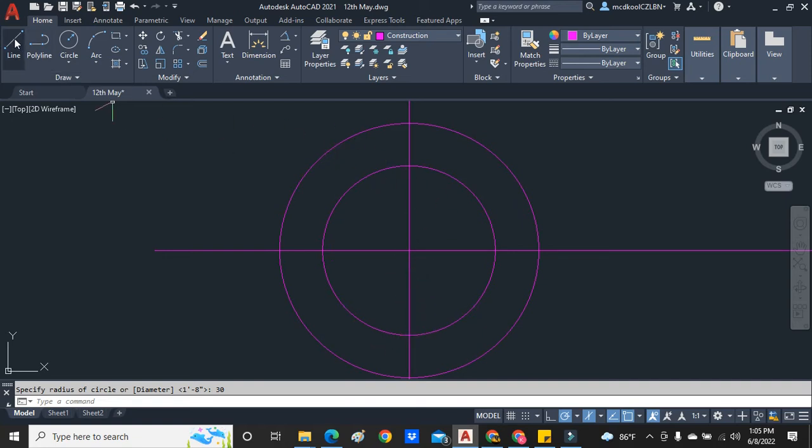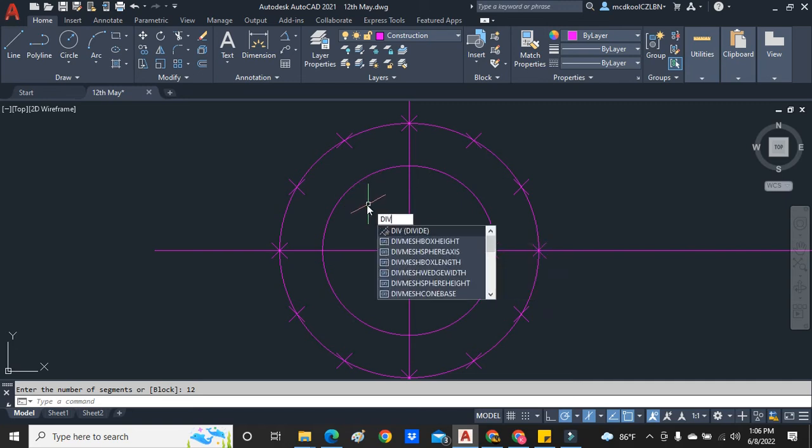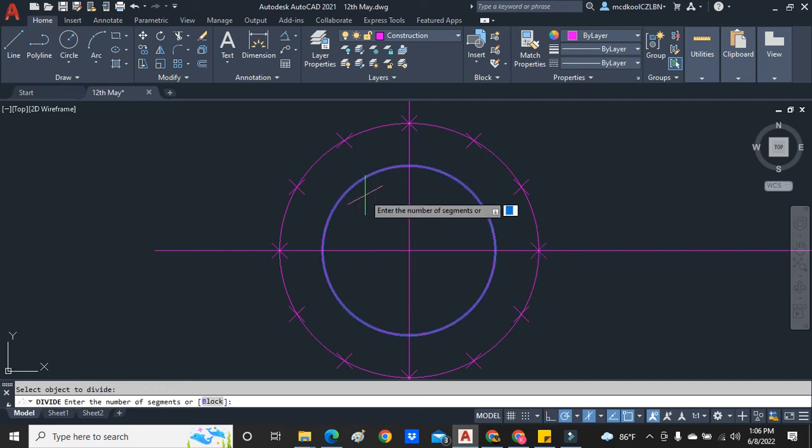So from here, you are going to divide the major circle into 12 equal parts. So I just divided it into 12. You follow me? Now from here, you do the same thing with the smaller one, divide into 12.